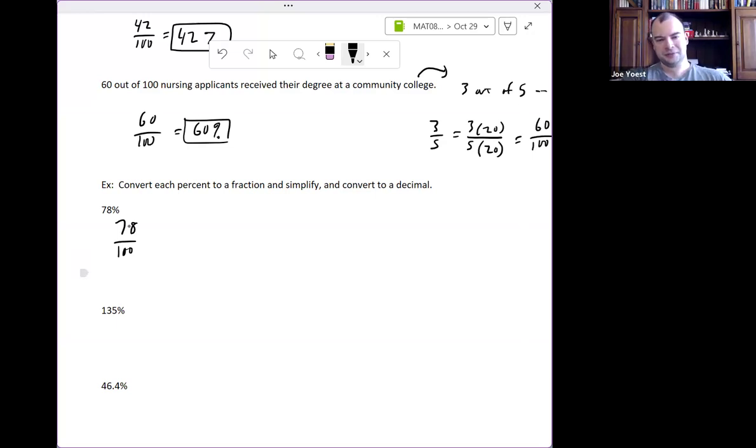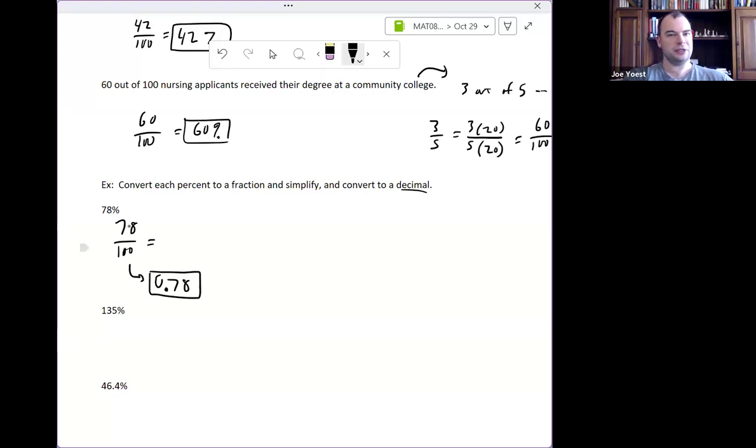As a decimal, I see that this is 0.78. 78 is like 78.0, and then dividing by 100 just moves the decimal point 2 to the left. Or I could keep it as a fraction and write it as a fraction in simplest form.